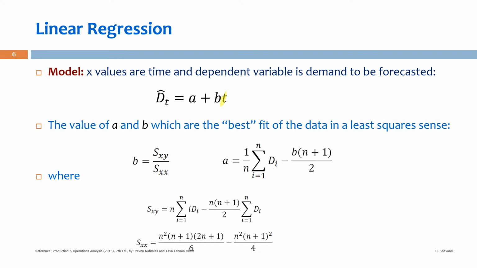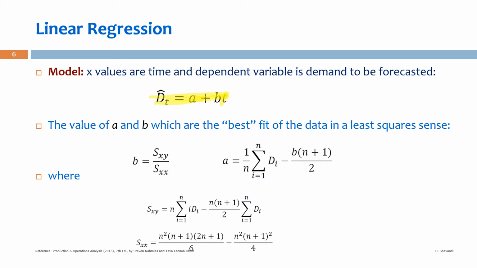So it's not actually a causal model here. We are actually fitting the linear regression to time series data. So the independent variable x becomes t, the time here, and so we are going to make this relationship between t and our data.